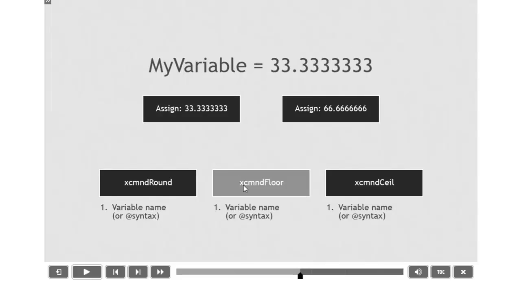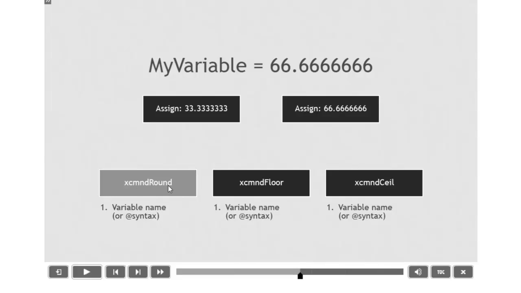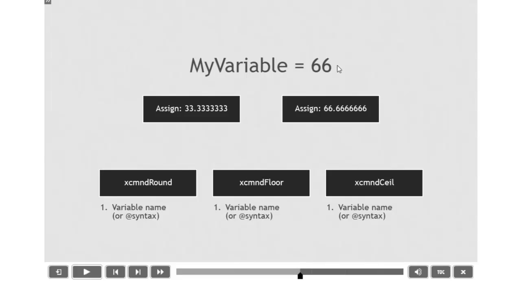However, over here, if I use xcmd floor, which is also a rounding command variable, it's going to round it down, in this case for 33.333 to the nearest number, 33. But if it is at 66.6666, previously xcmd round rounded it to the nearest whole number, which was 67, but xcmd floor will always round down to 66 in this particular case.